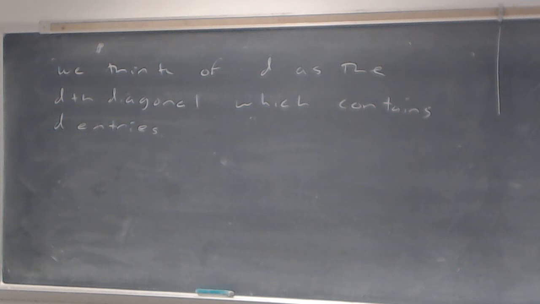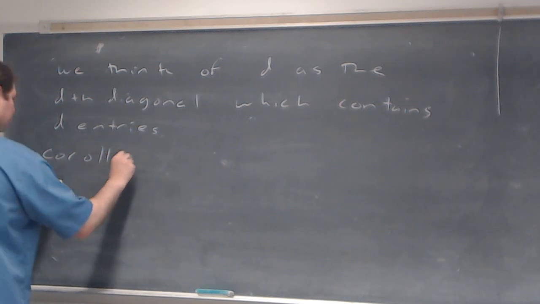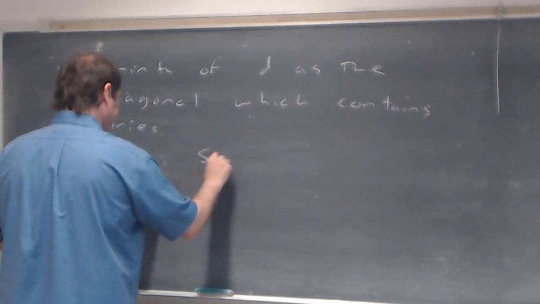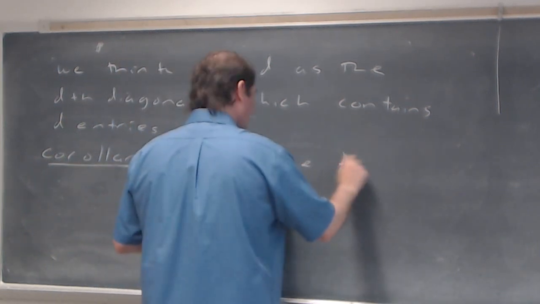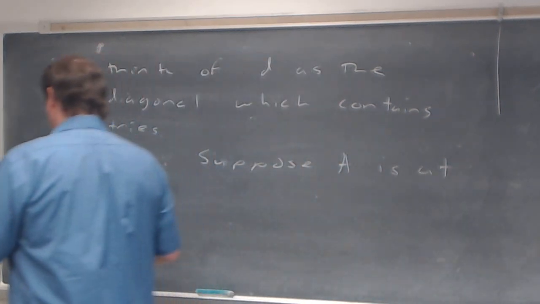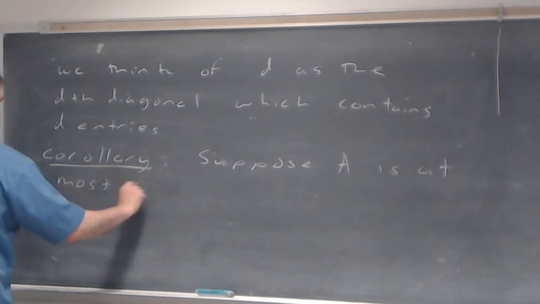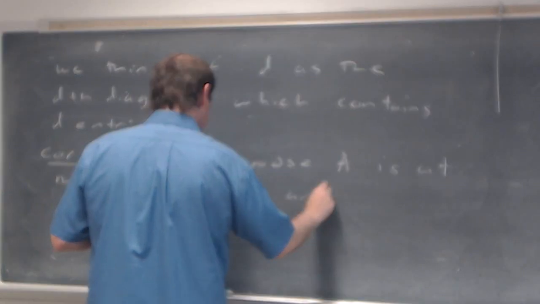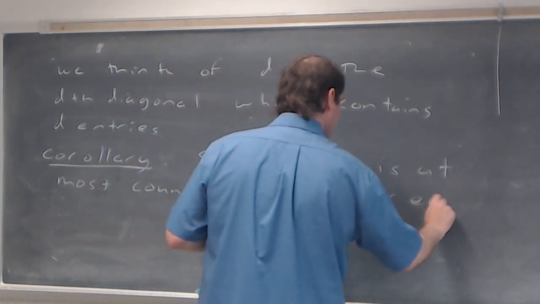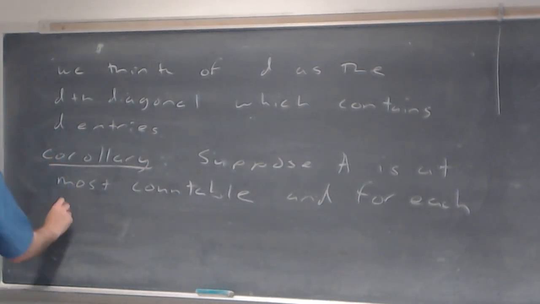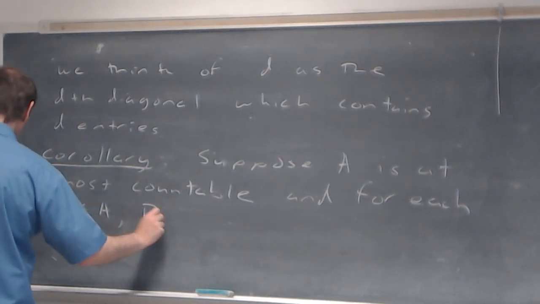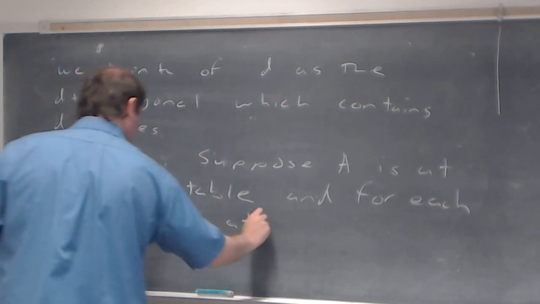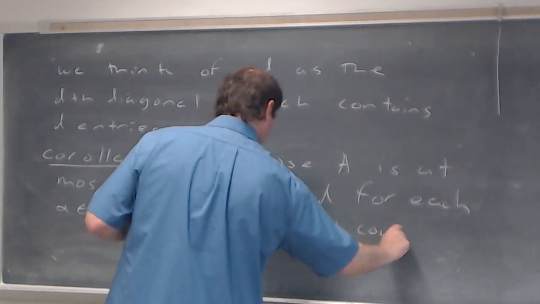Okay, I think we should write up this last corollary, and prove it, and then call it quits for this lecture. So we suppose A is at most countable, and for each alpha an element of A, B alpha is at most countable.